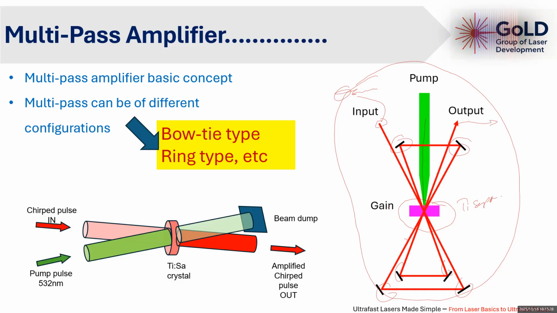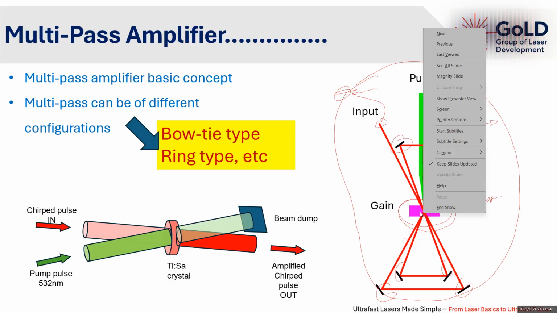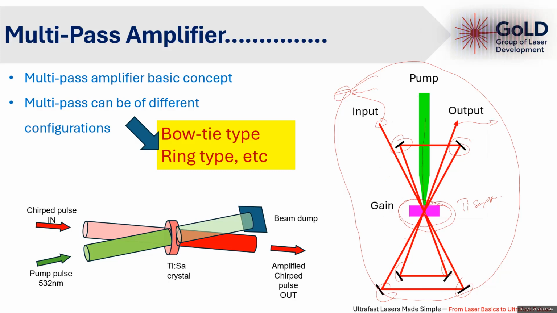What is the basic thing in this amplifier? That the input beam is supposed to pass a number of times through the crystal, and it should pass through the same point, the same area. It should not be like, if you have a crystal like this, one is passing like this, another like this.